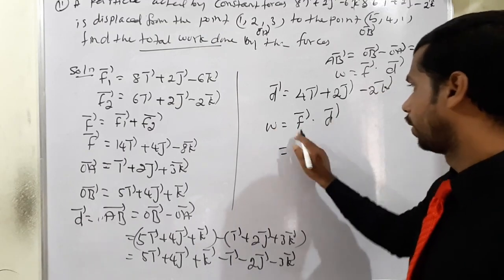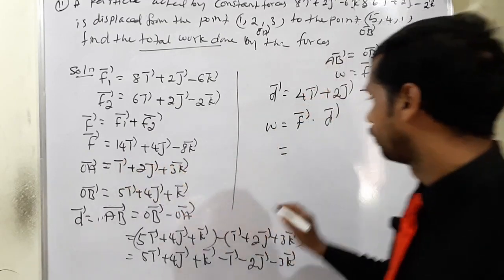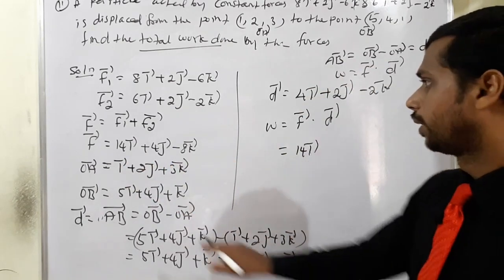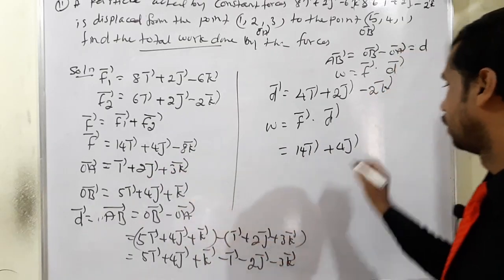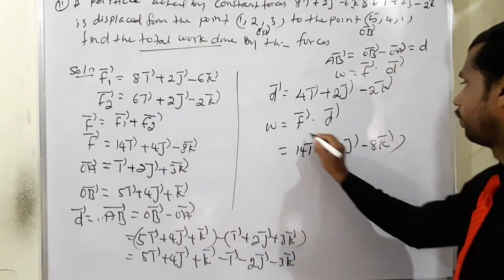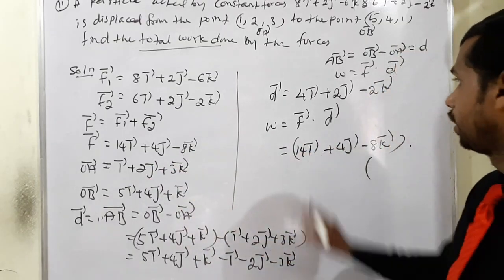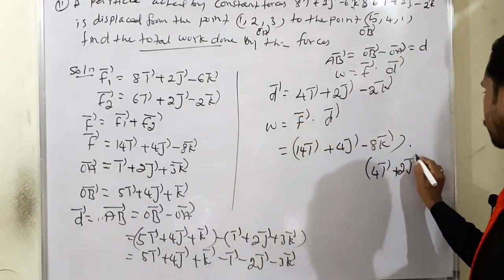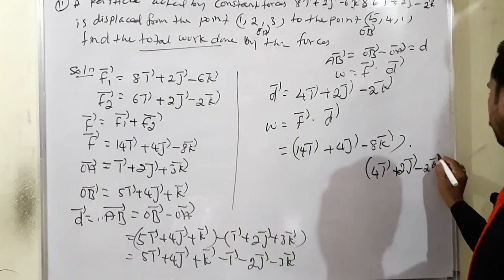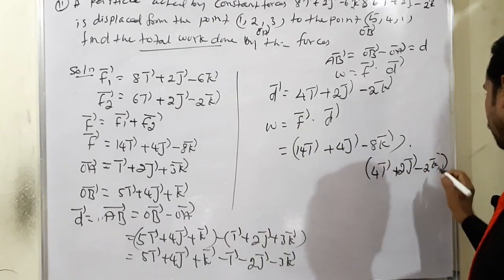What is the value of the F vector? 14i vector plus 4j vector minus 8k vector, dot D vector, which means 4i vector plus 2j vector minus 2k vector, isn't it?